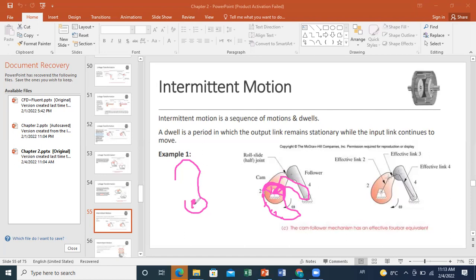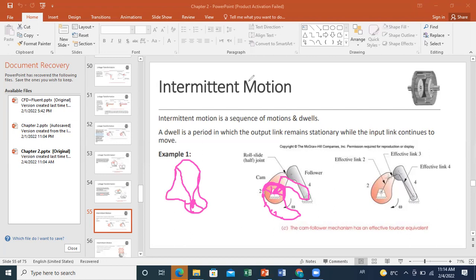So let's say this is the center, this is the first circular shape. Here you can create another circular shape. Whenever the contact point is a part of a circular shape, you have a dwell for your follower. And whenever you go through variable distances, you change the profile, then you have motion of your follower.